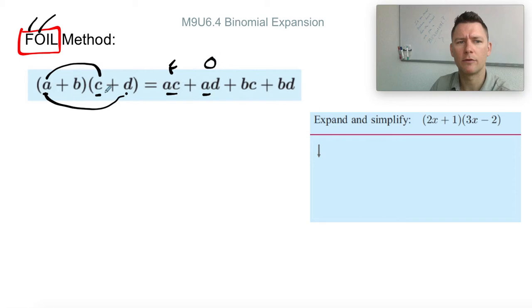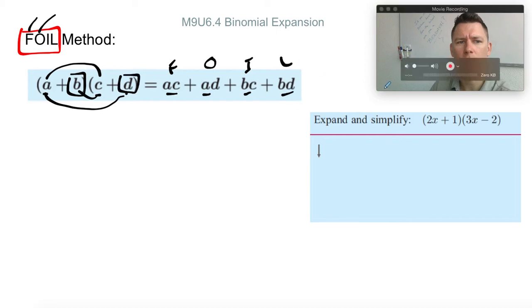Inner, these two are the inside pieces, so B and C. And the last ones, the ones that are second in their binomial, so B and D. FOIL, great. And so that's our piece, and then we'd clean them up if we could.